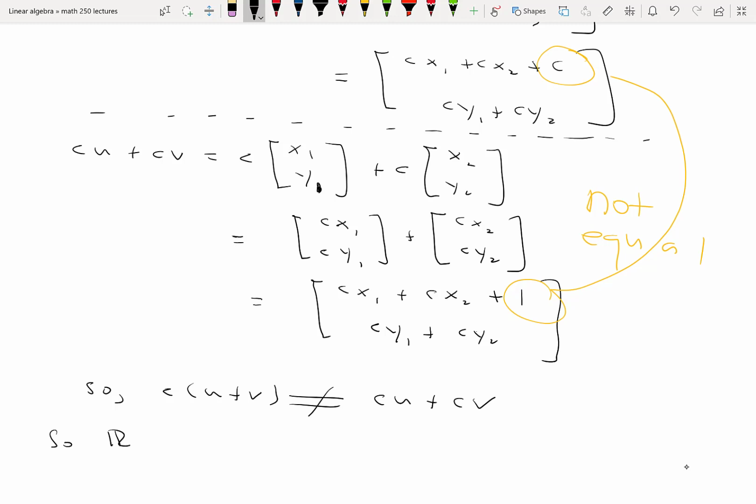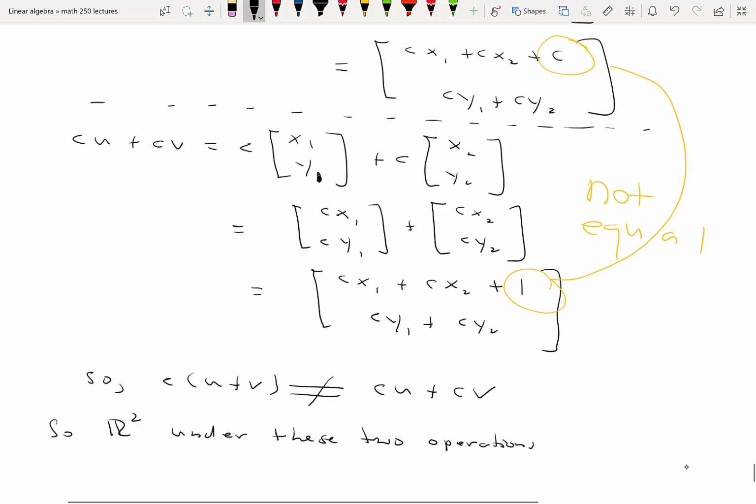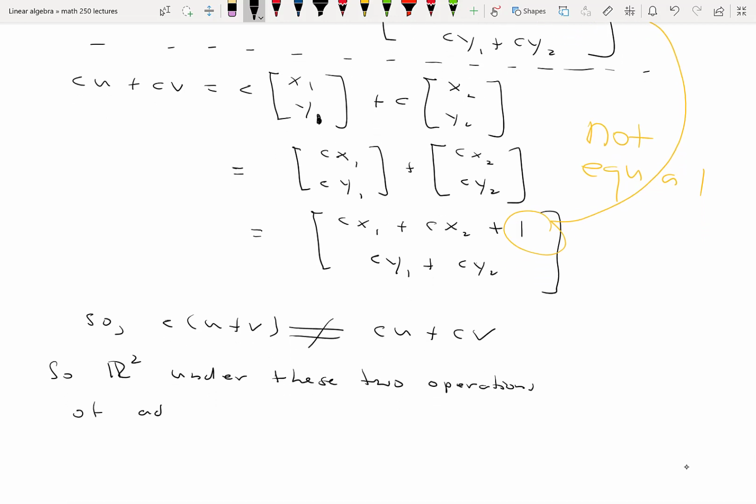So again, R2 under these two operations of addition and scalar multiplication, R2 doesn't form a vector space.